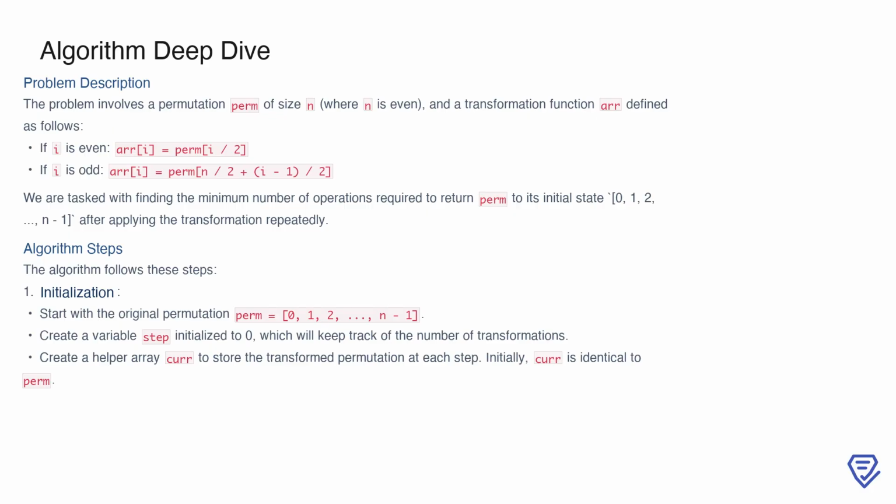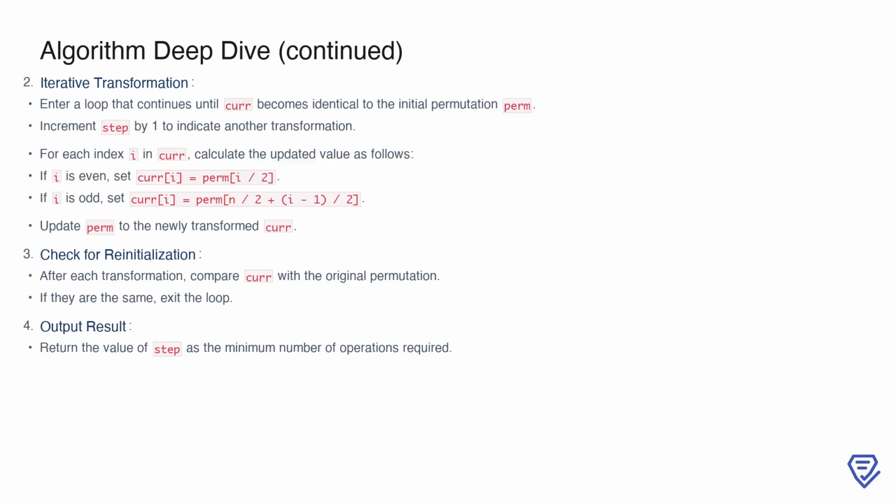To solve this, we start by initializing the original permutation perm and use a variable step to track the number of transformations. We also maintain a helper array, cur, to store the updated permutation after each transformation, which initially matches perm. The next step involves iteratively applying the transformation until the permutation returns to its original state.